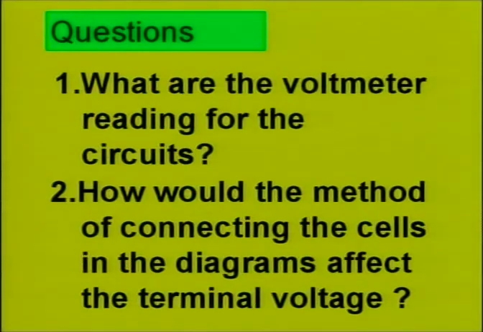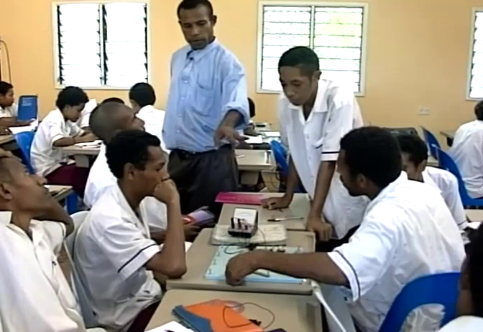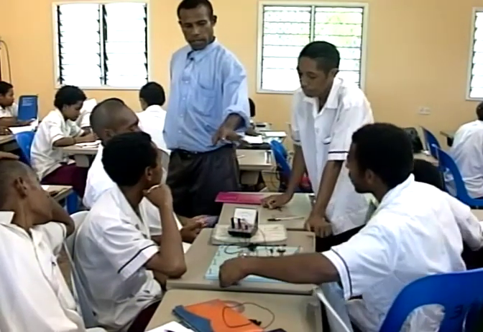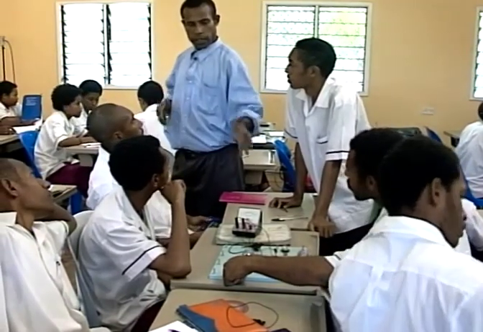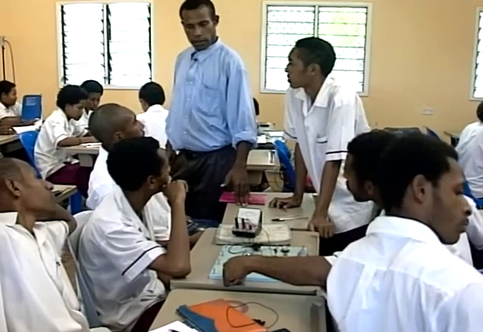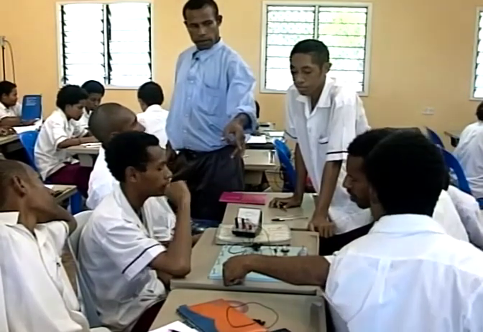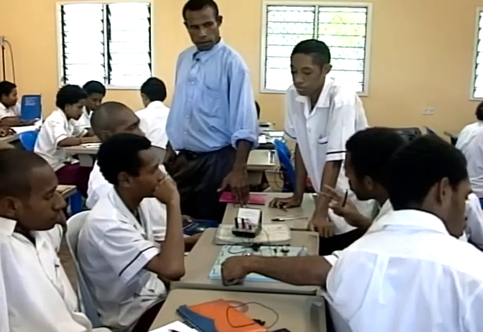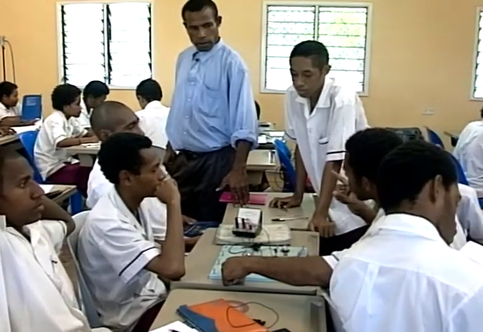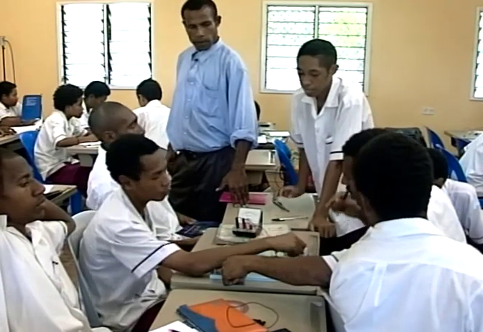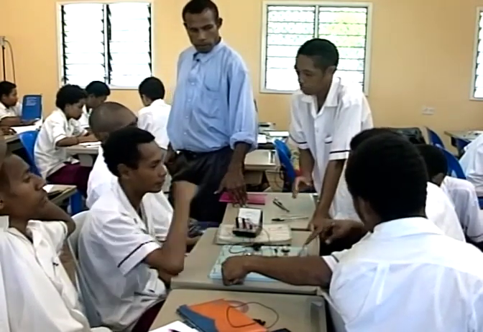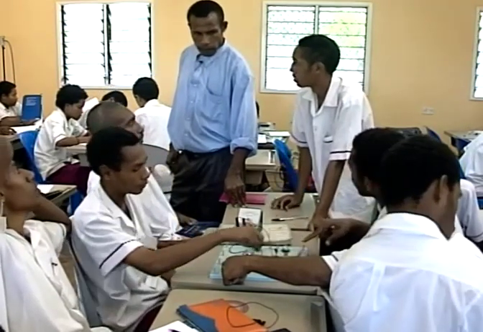Okay, looking at that, why do you think this one is 1.4 if you're connecting that in parallel? This time you have 2, but when you have 2 in series, why does it give you 2.8?